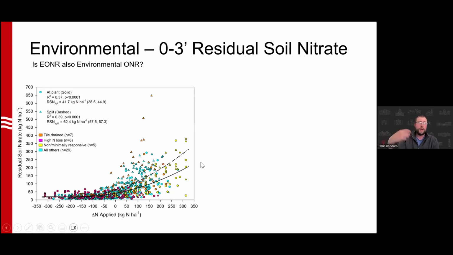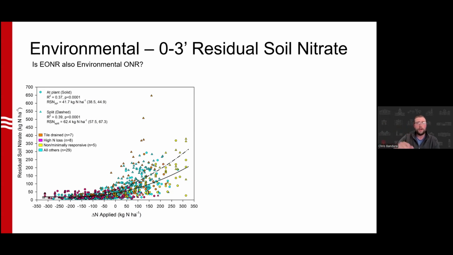So rate really drives how much is going to be lost or could potentially be lost. What timing is doing is simply shifting when that N is going to be or could be lost, right? With the at plant applications you might say we lost 20 more pounds during the growing season compared to the splits. Or another way of saying that is if you split applied on these trials, there's 20 more pounds that are likely going to be lost after the growing season versus during.